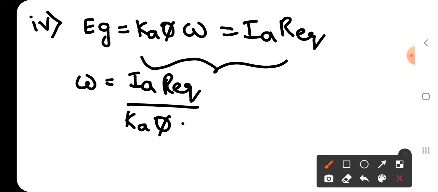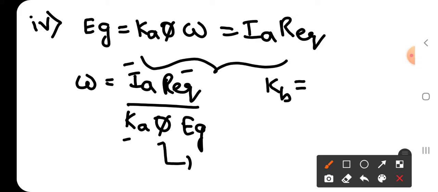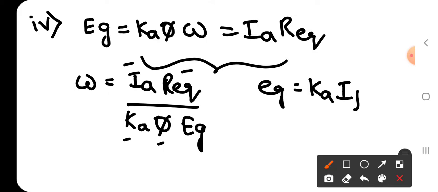So this is Eg. We know Ia R equivalent. Ka phi, in the sense, he has given the value of Kb. Kb is given in volt per ampere radian per second. That means you need to take phi in. You can write Eg is equal to Kb If into omega.